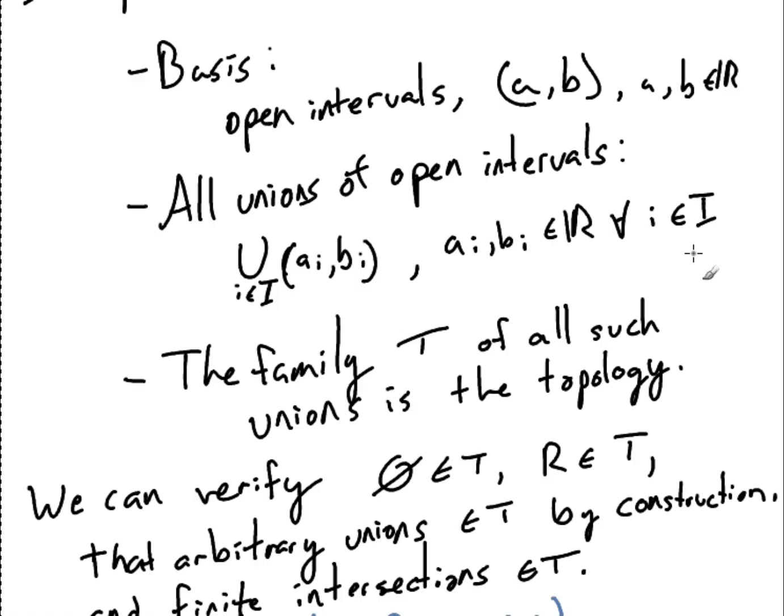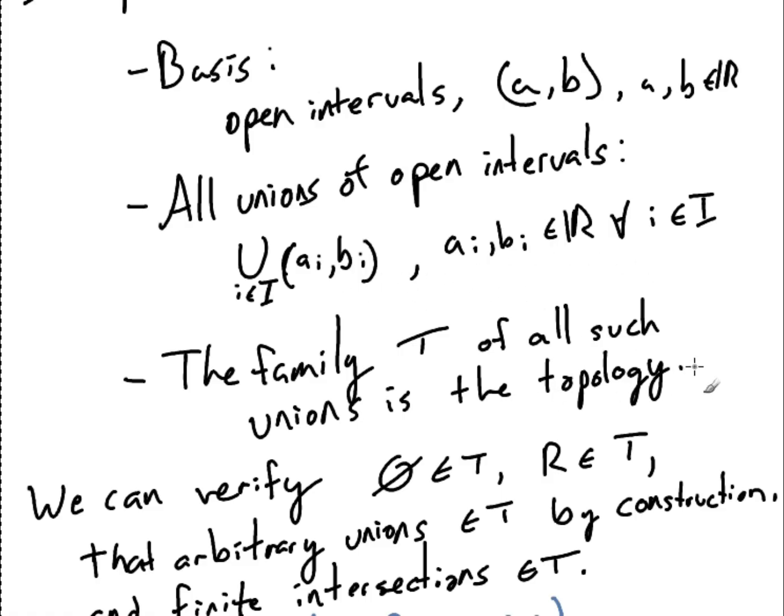We can have an open interval that says everything from -1 to 1, and the open interval from 0 to 2, and the open interval from 1 to 3, and so on and so forth. That can be an infinite set. And if we union all of that together, what I've just described is now the interval from -1 to infinity. So we can describe all of the open sets in the real numbers in this way.